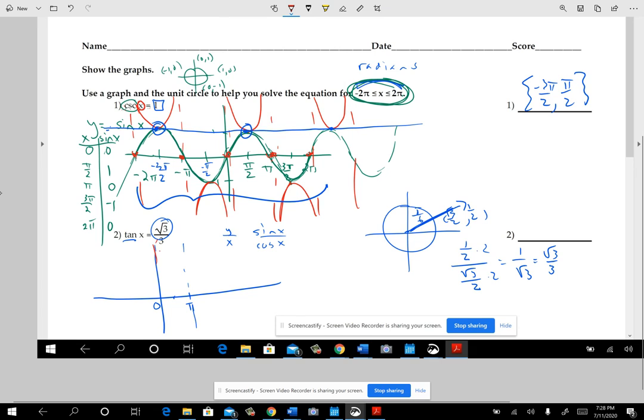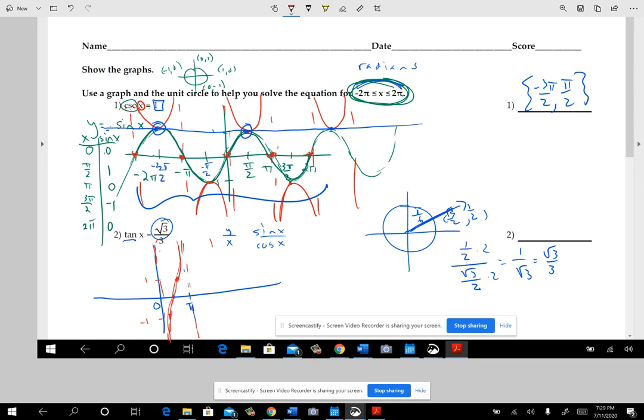I remember those asymptotes at 0 and at pi because it's undefined there. Then it hits 0 right here, and then it has kind of a positive slope. That's not really mathematical, but that's the way I think about it. It's increasing. In the halfway points, it hits 1 and negative 1. And then that just gets repeated, doesn't it?